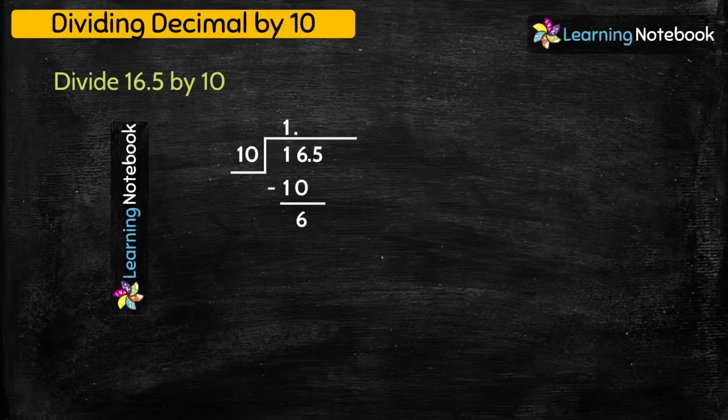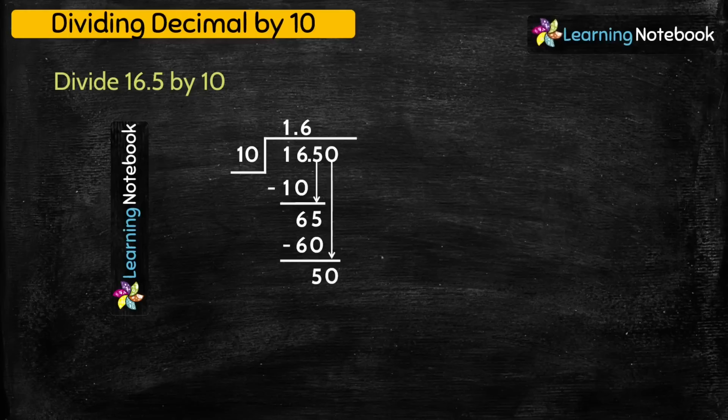Now let's continue with the division. For this, we will copy next digit 5. Now we have to divide 65 by 10. 10 into 6 equals 60, and 65 minus 60 equals 5. Now students, since the remainder is 5, we still need to continue with the division. So let's insert a 0.